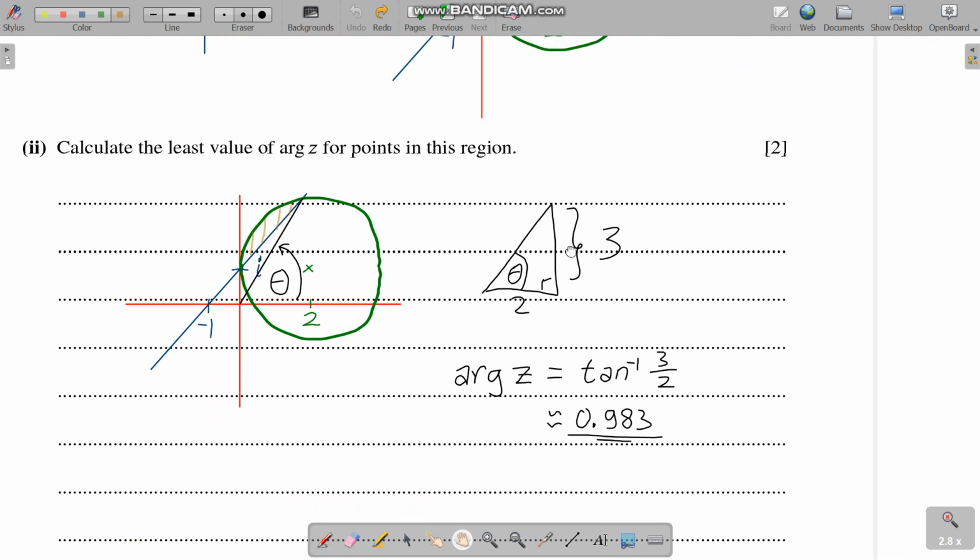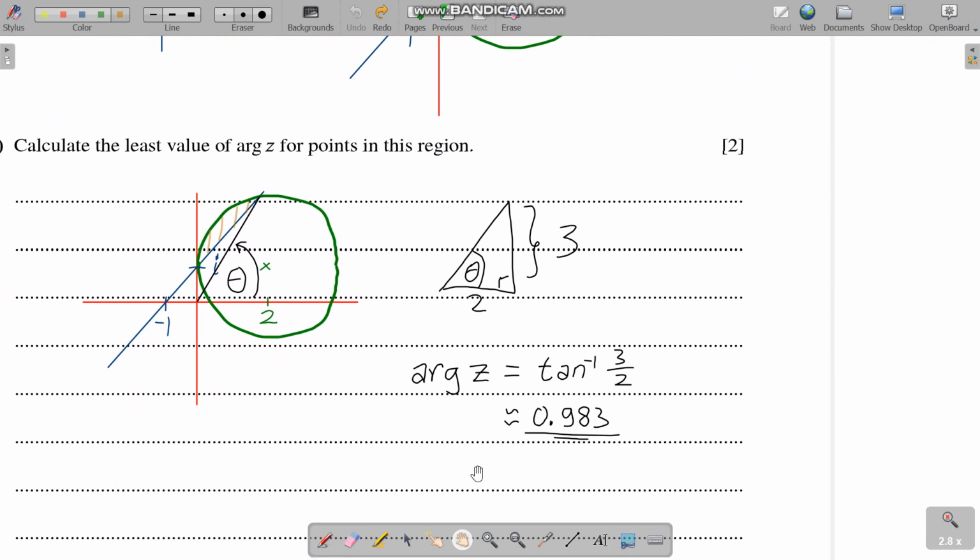Okay, this value of arg z. Arg z means the argument of z, which means the angle theta here. So we are looking for this angle. The least value means, so z can be from the origin to any point on this shaded area, because we want the smallest angle. We want it to be exactly here when it's just touching this part here, so that the angle is as small as possible.